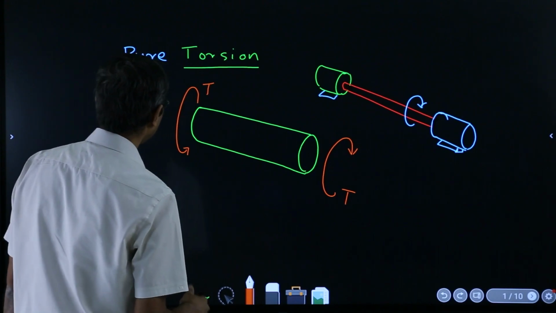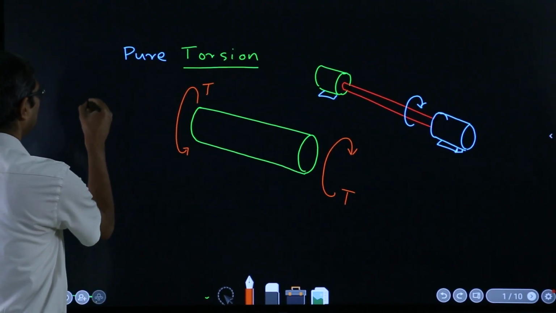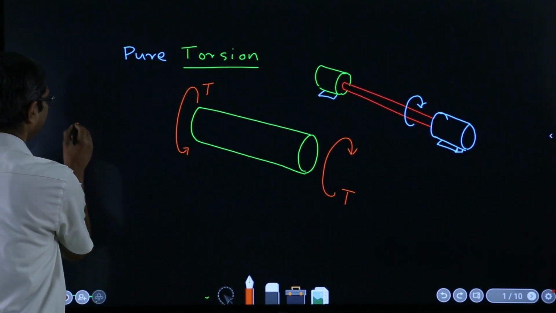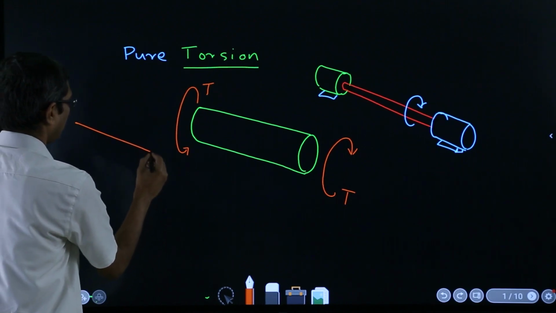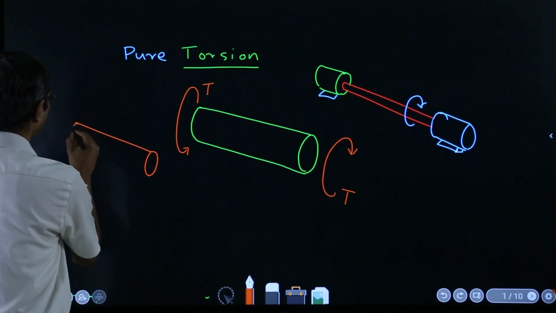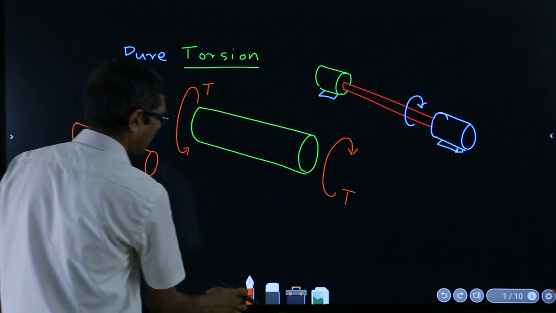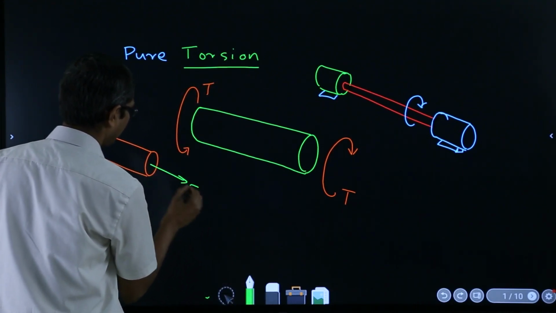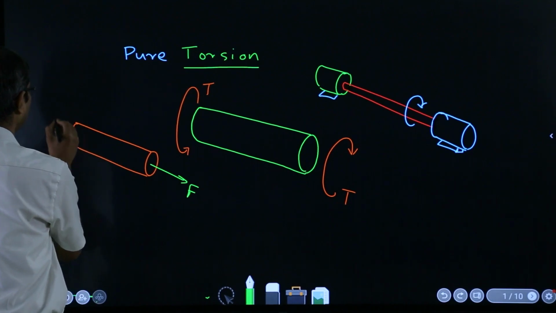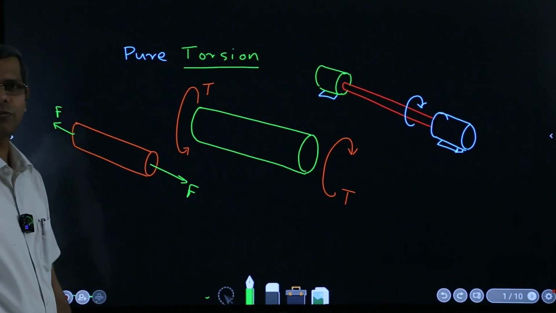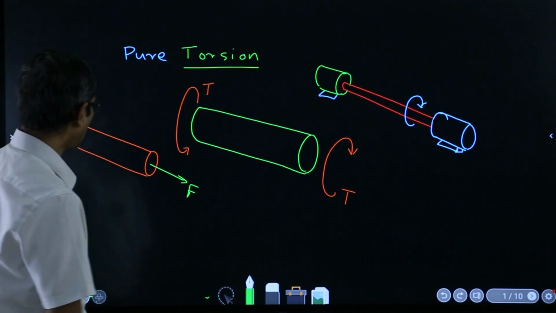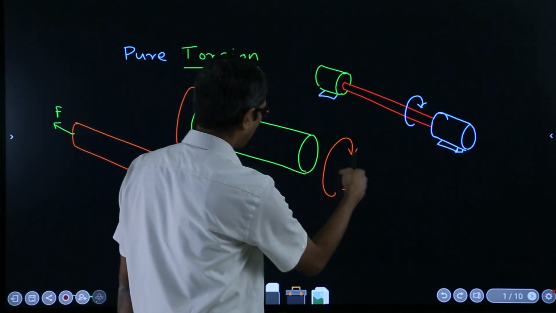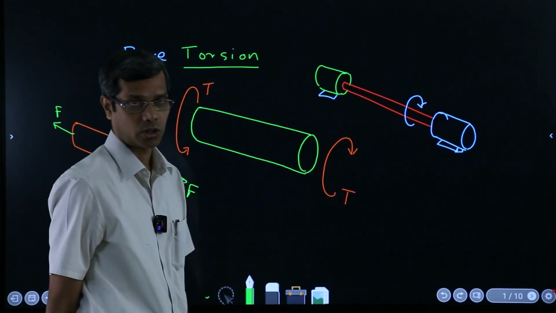Just compare this with the axial loading case where you had this and you were pulling this with force F. Both sides equal and opposite force was being applied. Now in place of force you are applying equal and opposite torque.